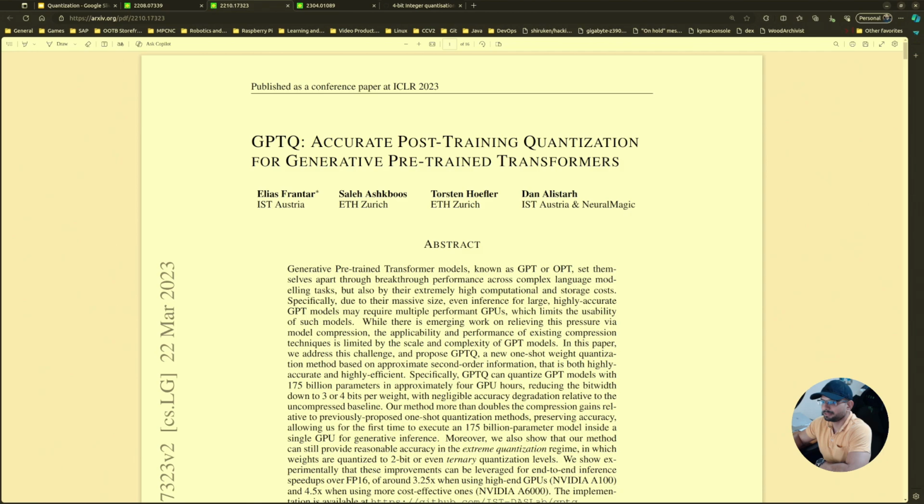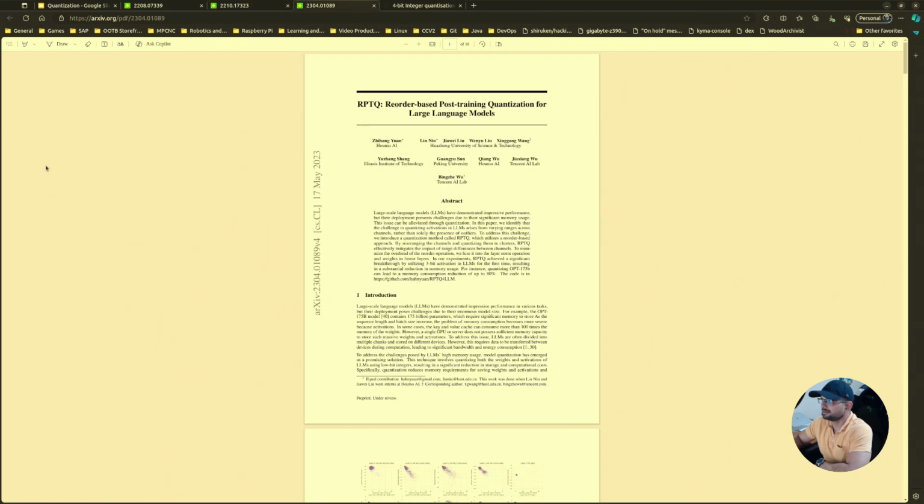The third paper that I think is an interesting paper is RPTQ, reorder based post training quantization for large language models. Right. So one of the reasons for drop in quality with quantization is the loss in precision of the weights.